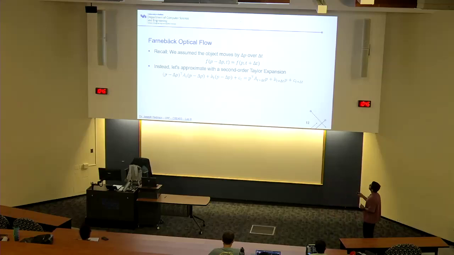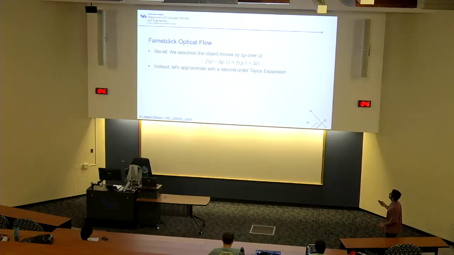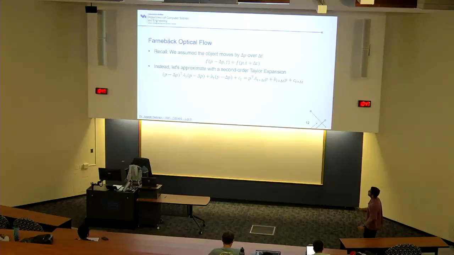So to remap the terms from our initial assumption and put that into a second order Taylor expansion, it unpacks to this elaborate mess. But again, there's really not a lot going on. There are A, B, C terms that we care about. A would be a symmetric matrix, B would be a vector, and C would be a scalar.